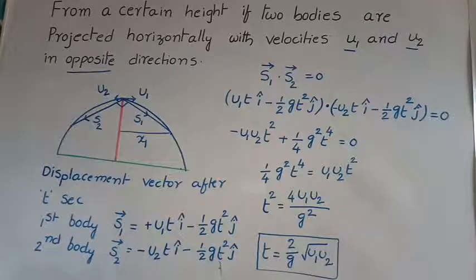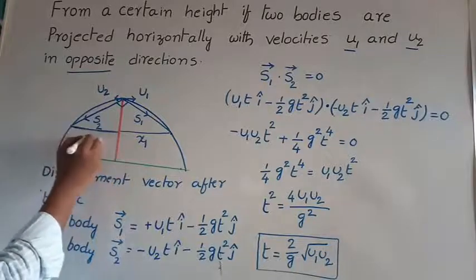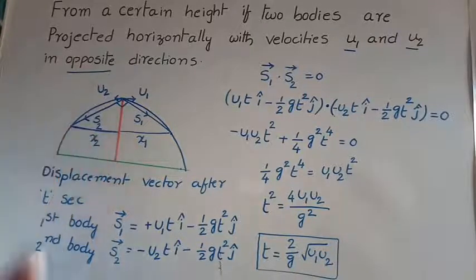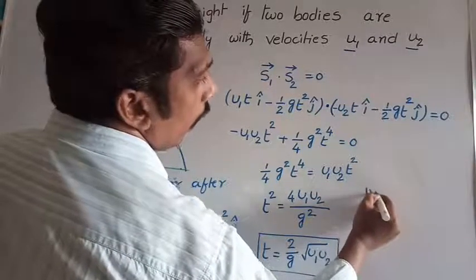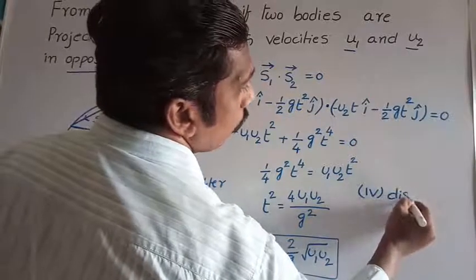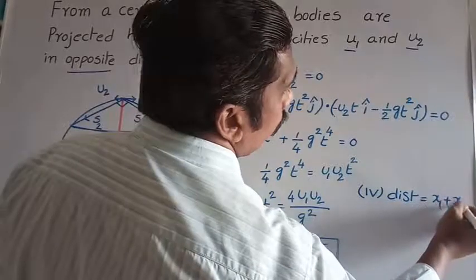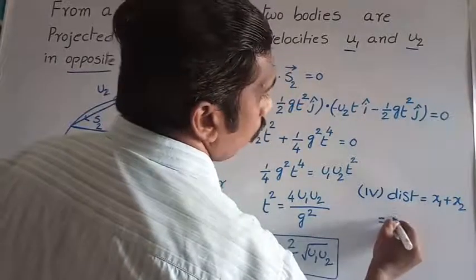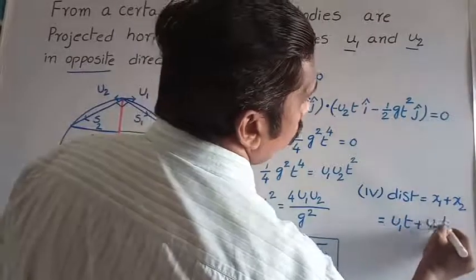Next, the fourth point. When the displacement vectors are perpendicular, what is the separation between these two bodies? The separation is equal to x1 plus x2. So distance is equal to x1 plus x2, where x1 is equal to u1 into t and x2 is equal to u2 into t.